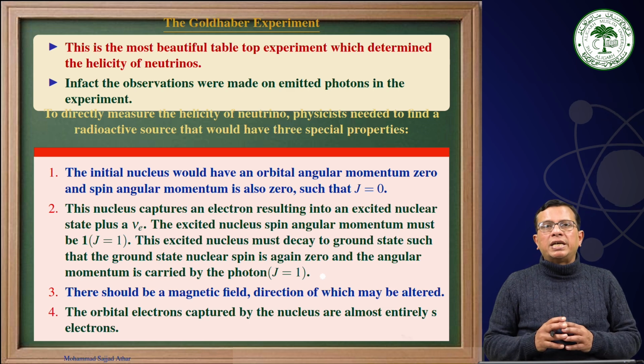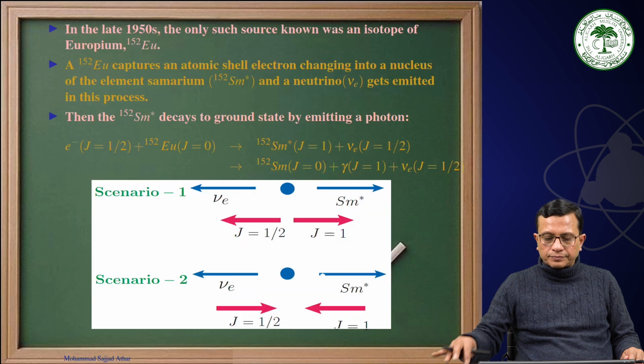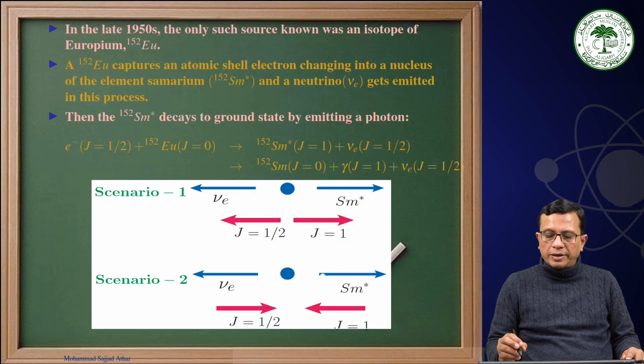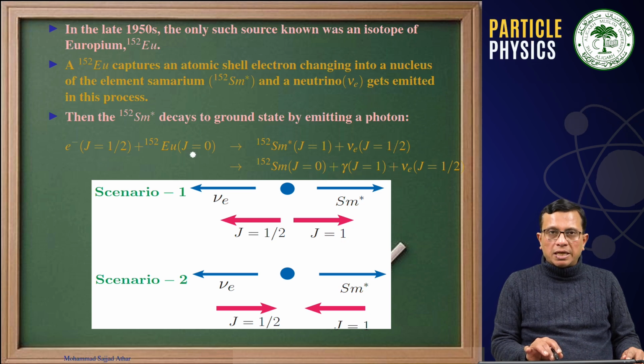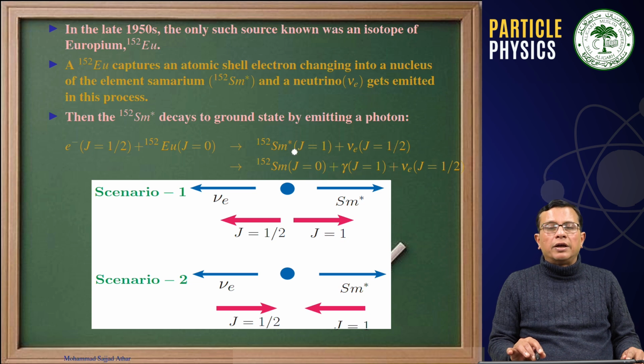Therefore, the final J should also be half. And this is what we are discussing: the electron has J equal to half, europium has J equal to 0, such that it is giving us samarium star with J equal to 1, besides a neutrino with J equal to half. And this samarium star has got a finite life.